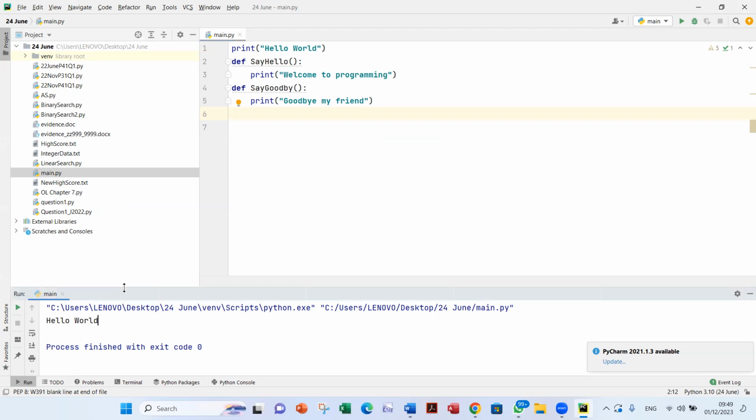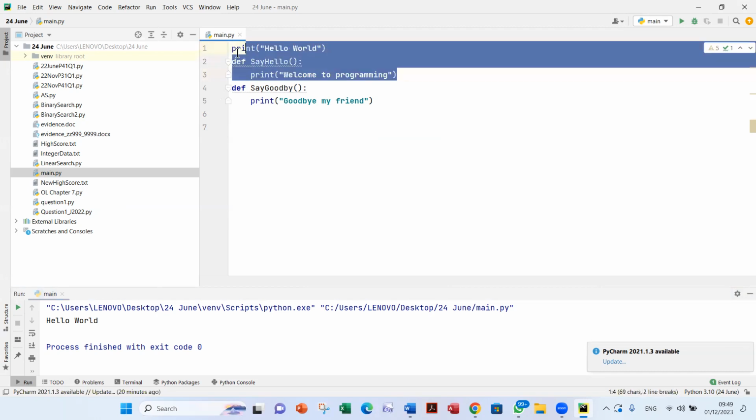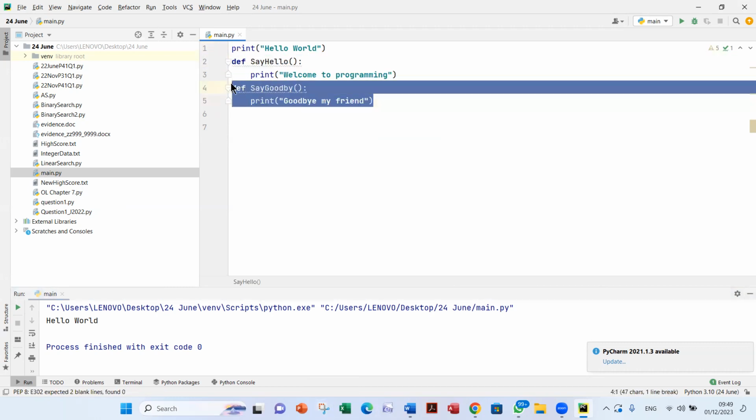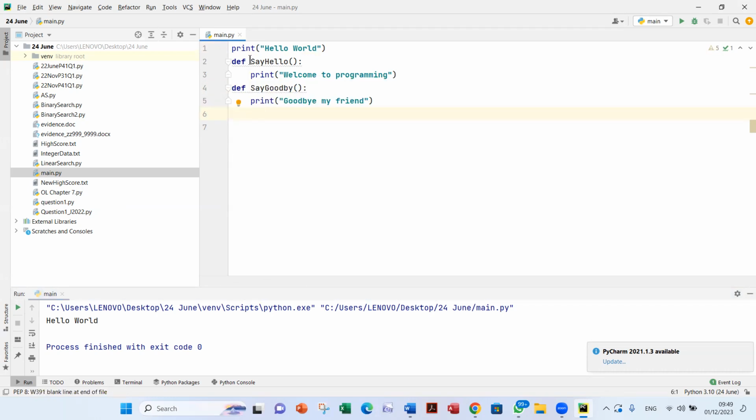Write their name in the main program. This instruction is in the main program, but this is a subprogram that needs to be called from within the main program. And this is another subprogram that needs to be called from within the main program. Okay, let us attempt calling them. I will call say hello.